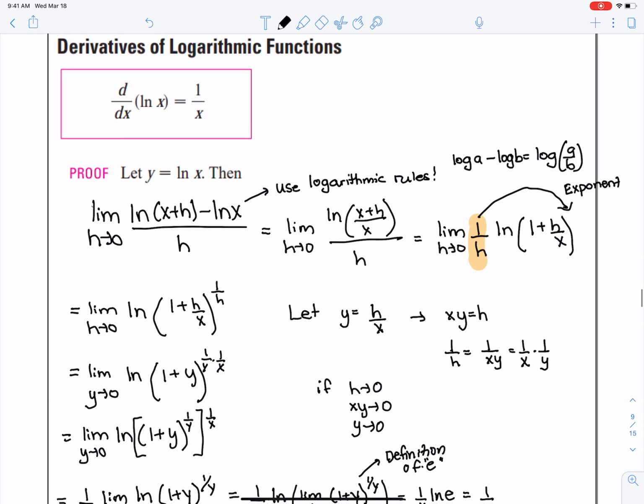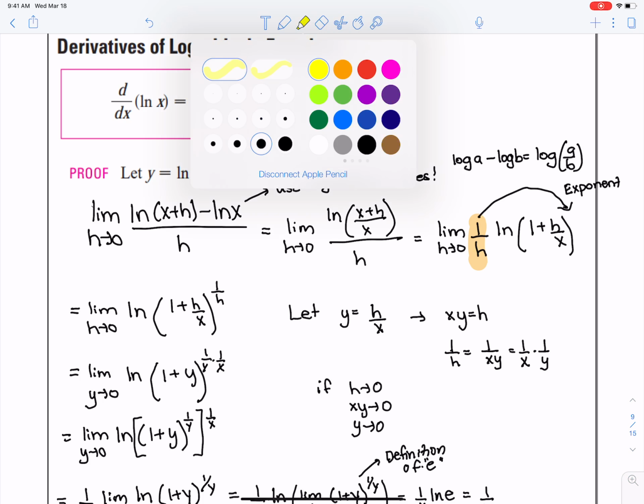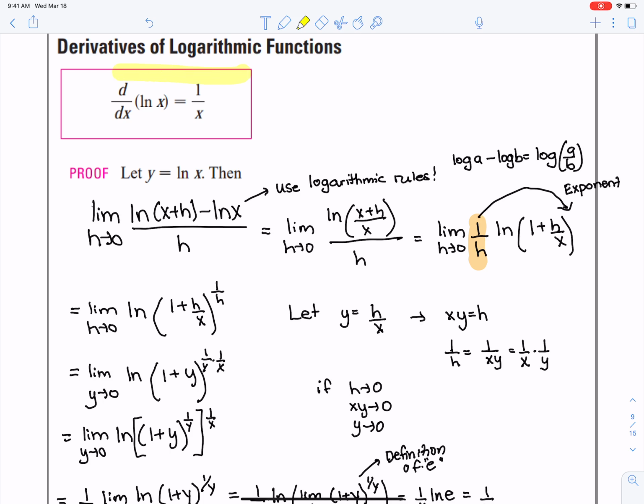So we're going to move on to the derivatives of logarithmic functions. For now, we're just going to go with the result of the derivative. So the derivative of ln of x is just 1 over x.